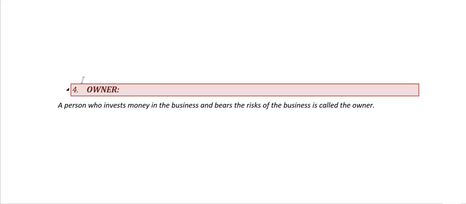Next term, owner. A person who invests money in the business and also bears all the risks of the business is called owner. Let's say there is one Mr. Gupta who wants to start a stationery shop.